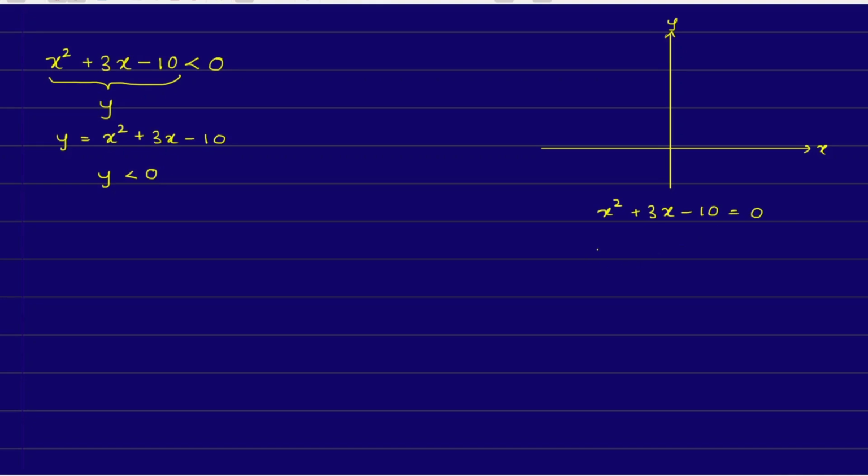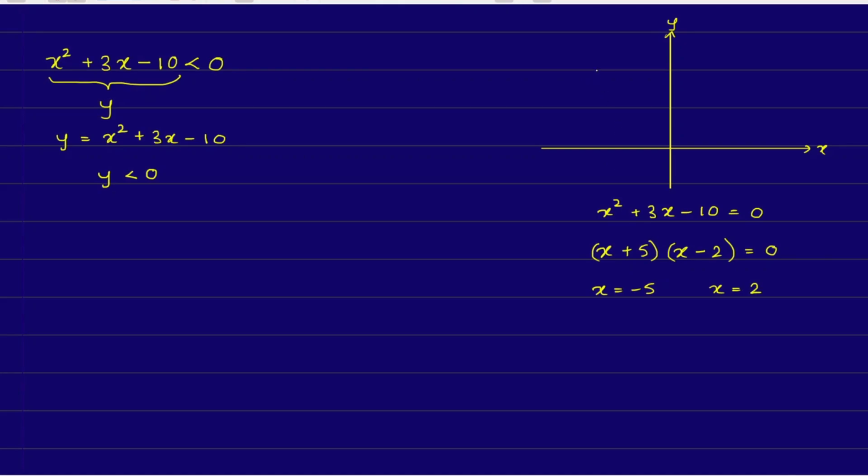If you factorize this, you get (x plus 5)(x minus 2) equals 0. And when you solve for it, you get x equals minus 5 and x equals 2.